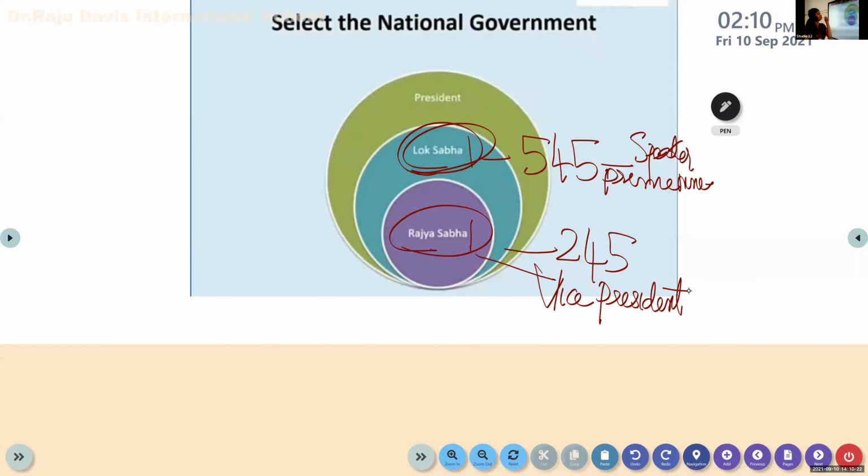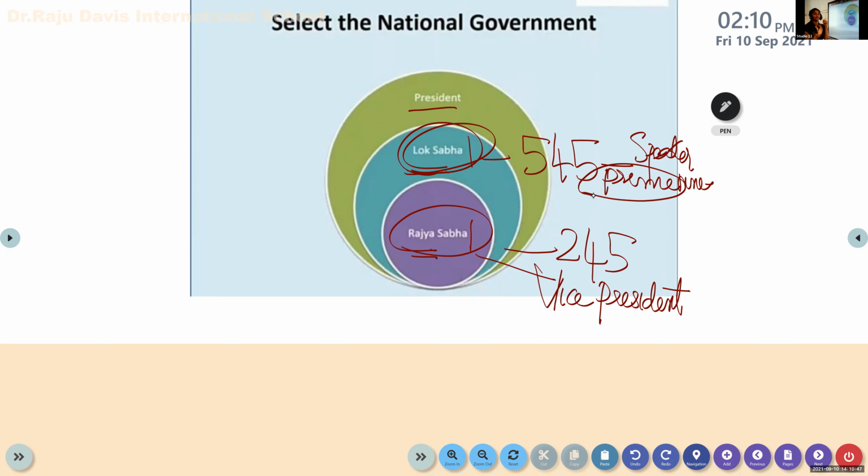Okay, children. So our parliament consists of the President, Lok Sabha and Rajya Sabha. Then Lok Sabha has a total of 545 members, and the Prime Minister is an important person because he is the leader of the majority party.